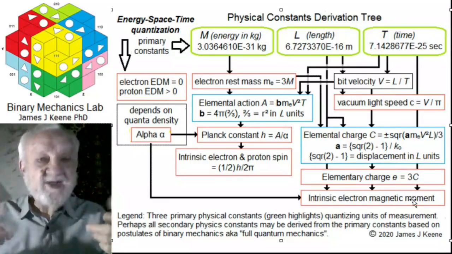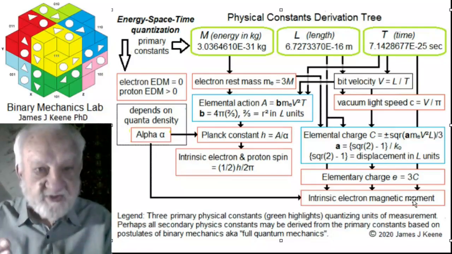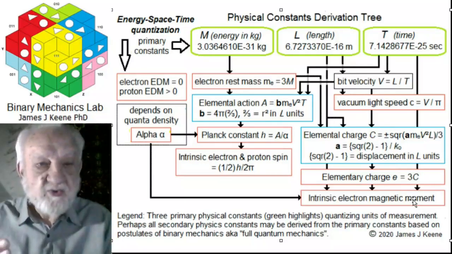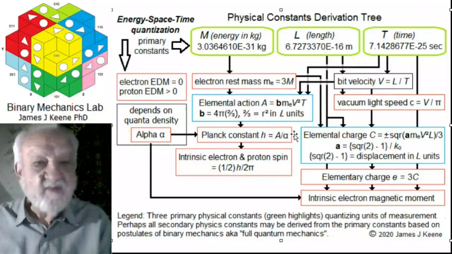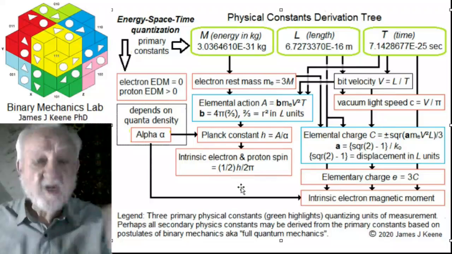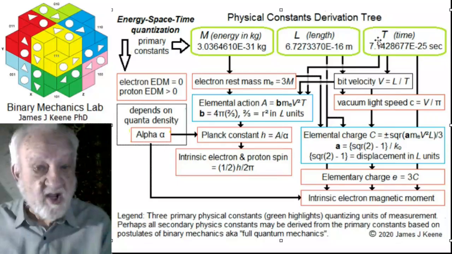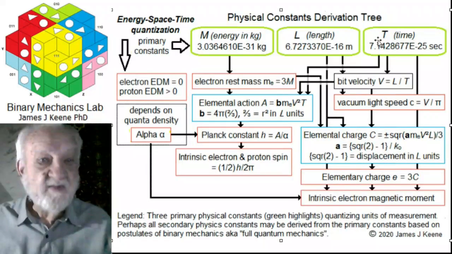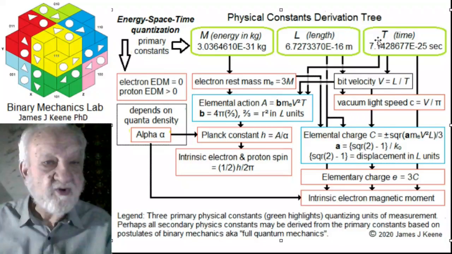Binary mechanics turns the table upside down and says, our postulates can be used to actually derive these values in the red boxes, which I now call secondary constants, because these three values are the primary constants. This is a major revolution in physics thinking. No other laboratory has done this.